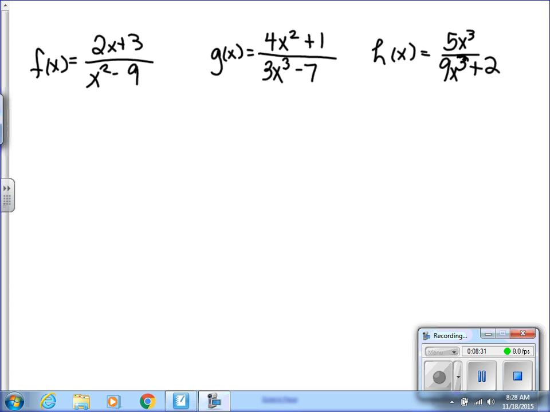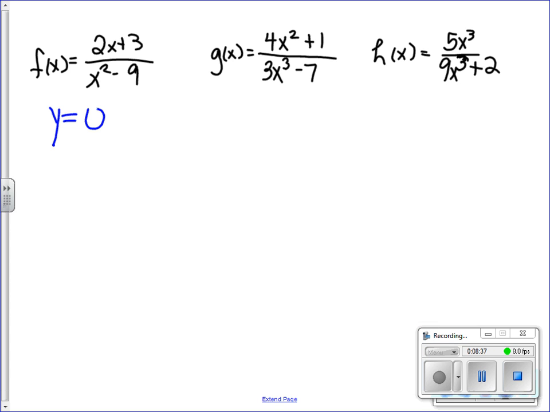How about f of x? Y equals 0. G of x? Y equals 0 because n is less than m. 2 is less than 3.